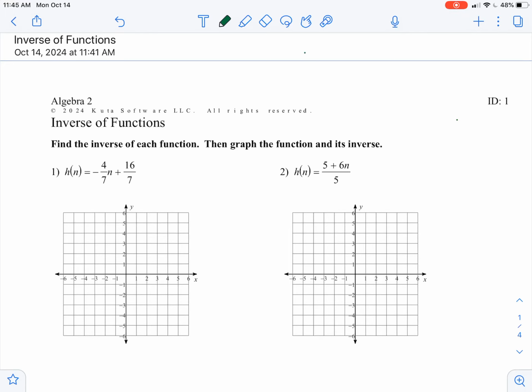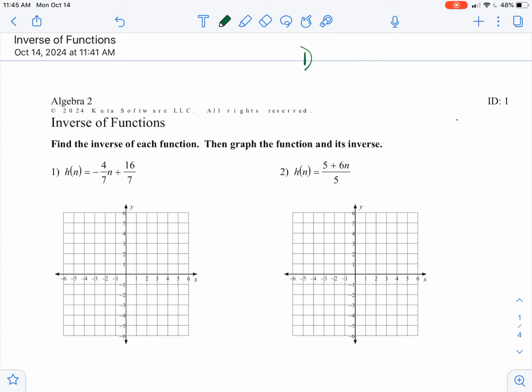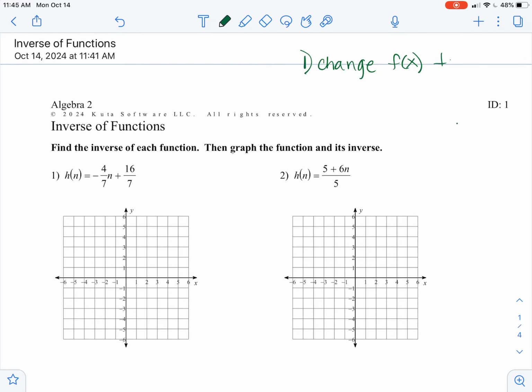So the first one is we always need to change your f of x to y, okay? And whatever, again, variable that might be. Then our next one, we are going to switch x and y.